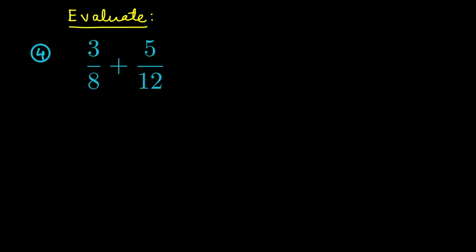Now this is another example. Again we have different denominators, so these are unlike fractions. Again we start with the least common denominator, LCD, and find multiples of the first denominator, which is 8. 8 times 1 is 8, 8 times 2 is 16, 8 times 3 is 24, 8 times 4 is 32.